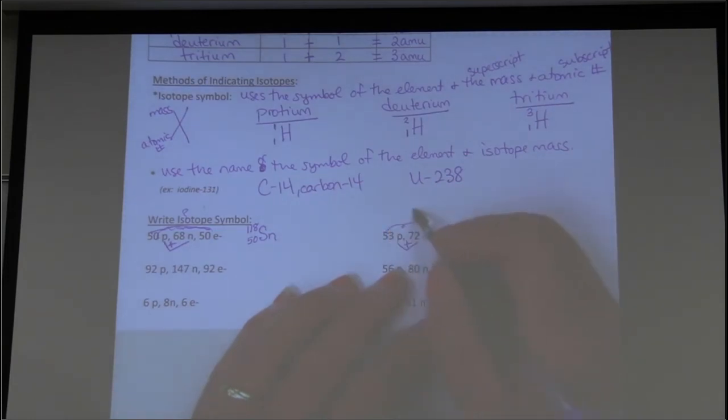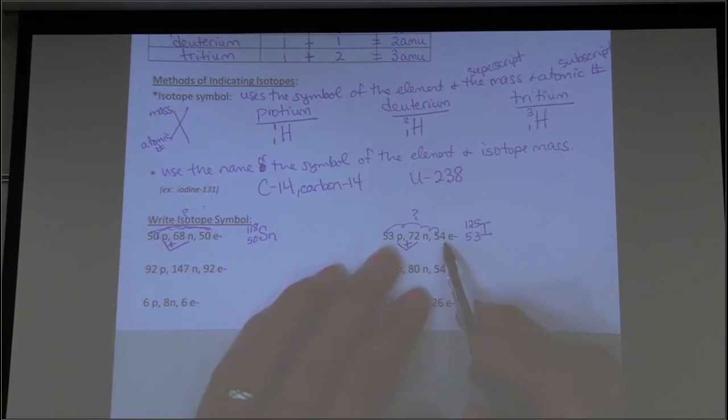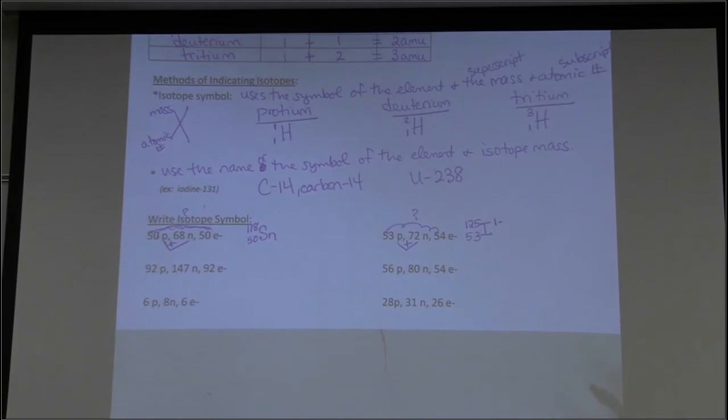Then you look and say, is there a difference between electrons and protons? So what do I put here? -1 or 1 minus, it doesn't matter. Properly, it is 1 negative, but if you put -1, I'm okay with that. So this is an ion that's an isotope, and that's okay. It can be that.